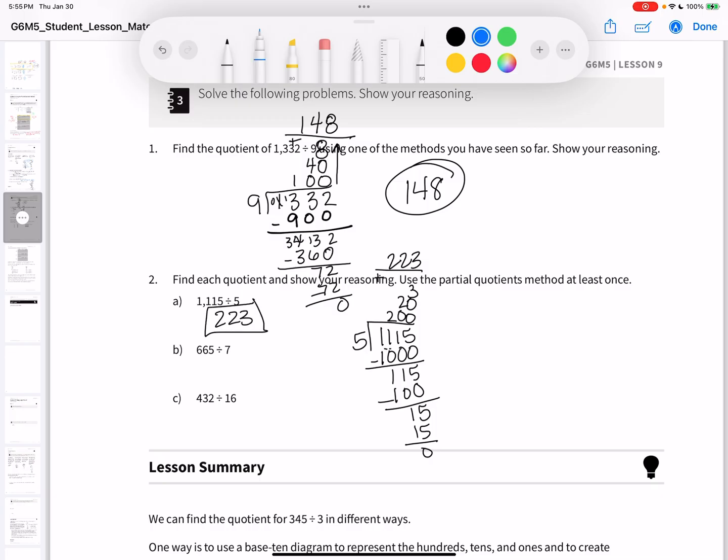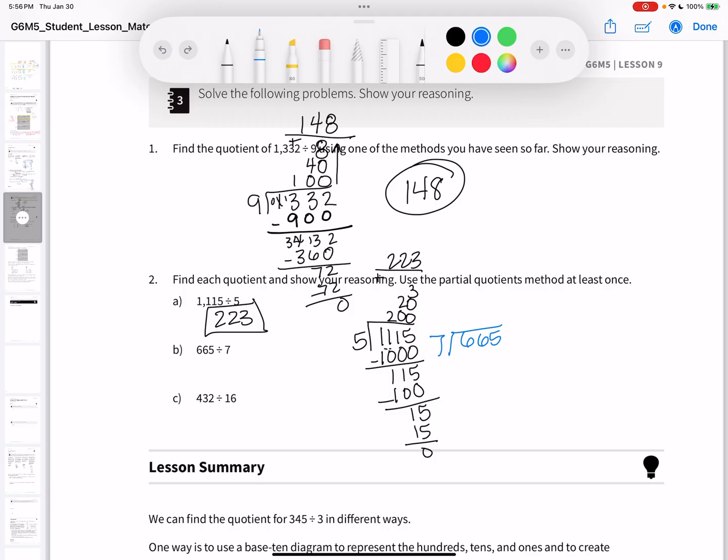Okay? Now let's do this one. We have 665 divided by 7. Well, I can't do a 100 there because that would make it 700. And I know 7 times 9 is 63, and this is 66 right here. So I think that could work.